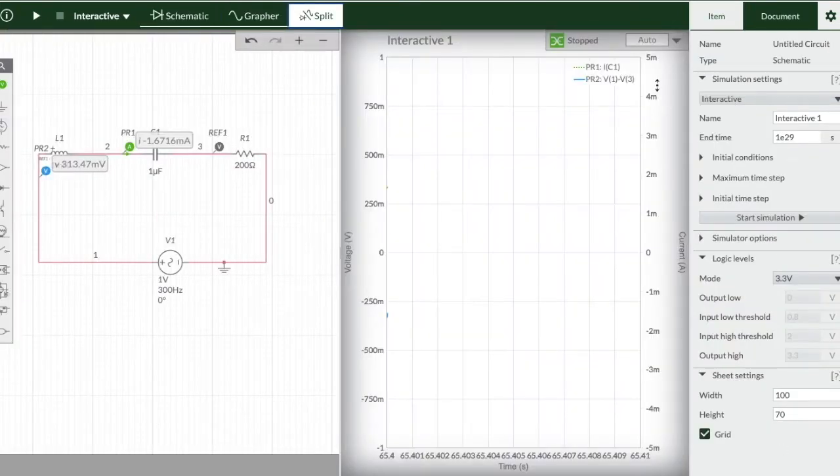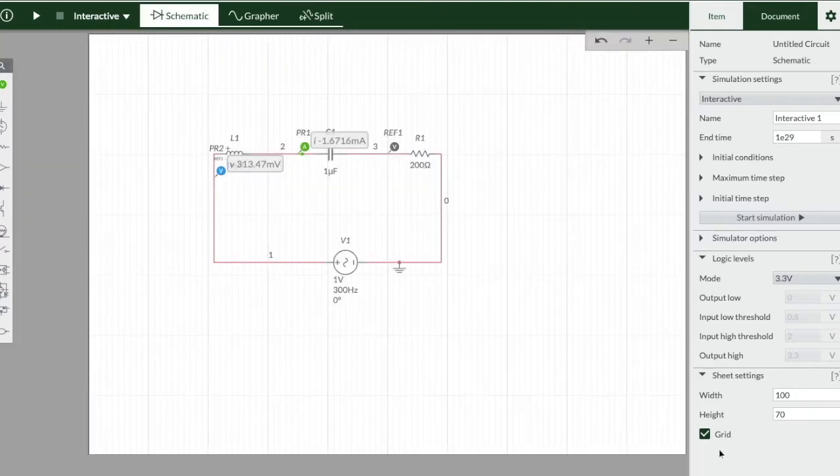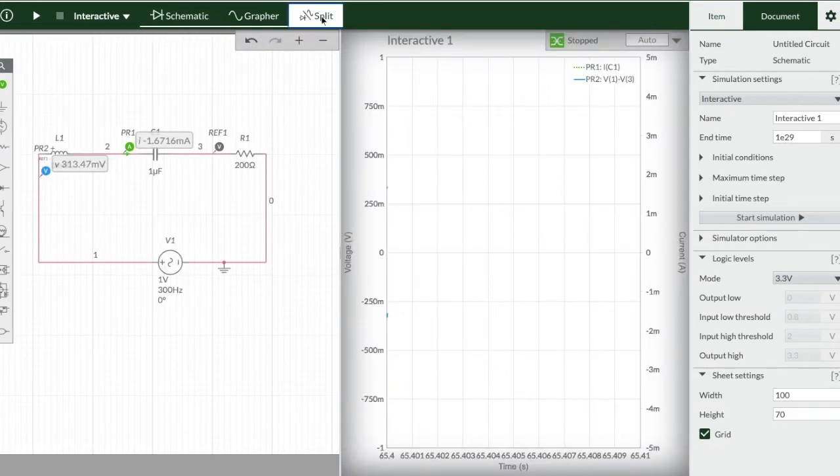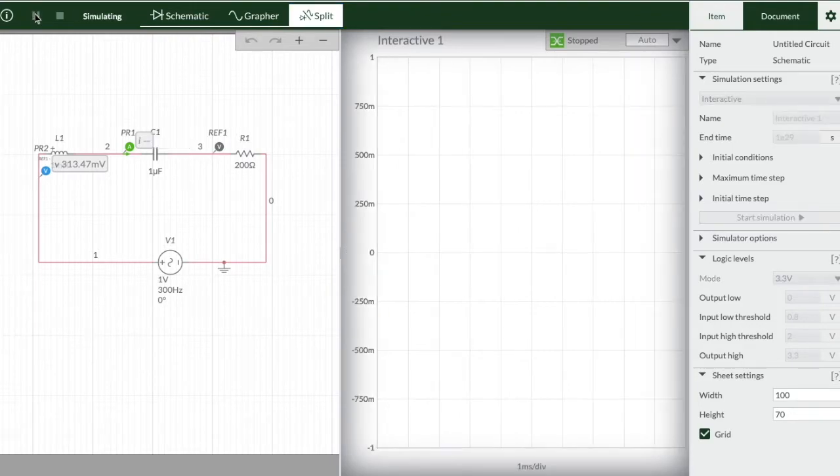And so we have selected maximum value of current as 5 milliampere and minimum as minus 5 milliampere. We want to observe the waveforms when the simulation is on, and so we will select a split mode. While running the simulation, we would like to change the frequency of input signal slowly. So let's run the simulation.